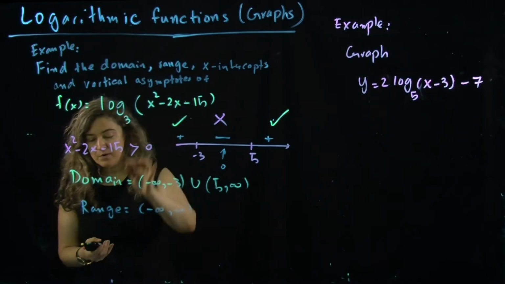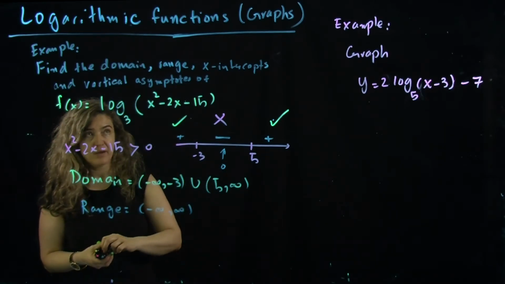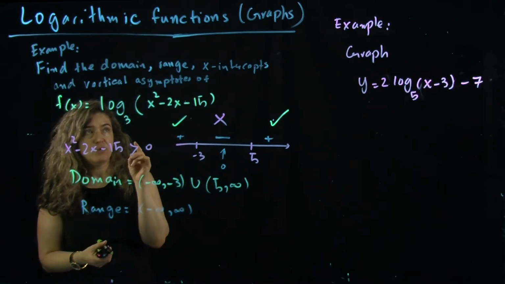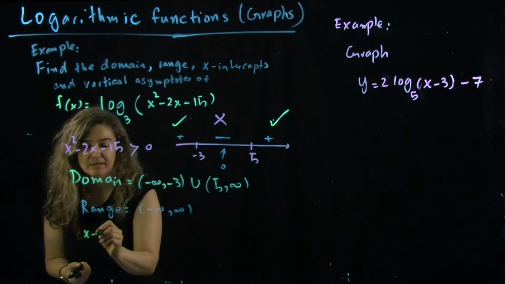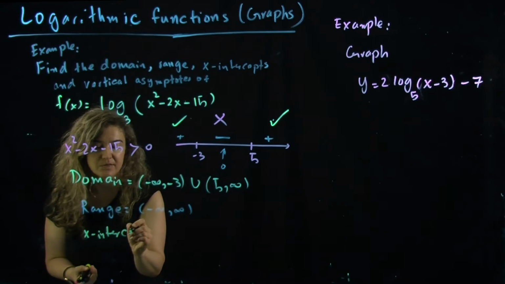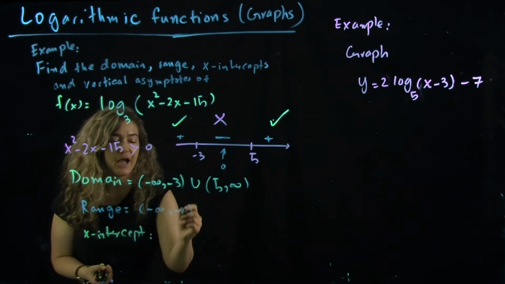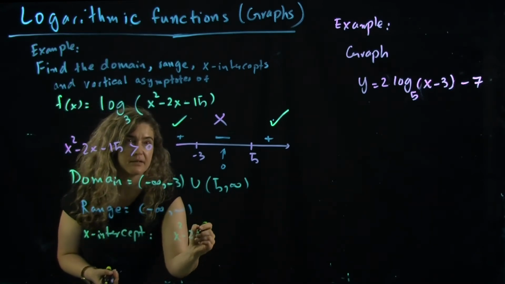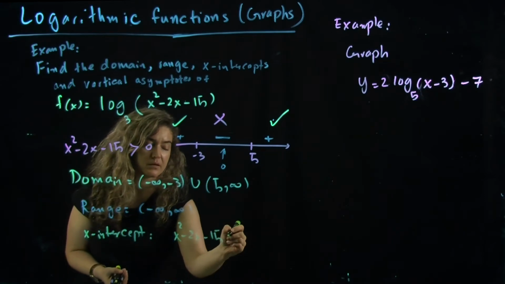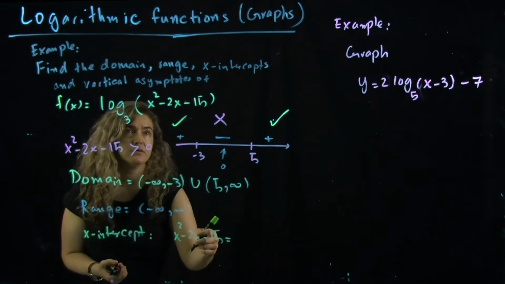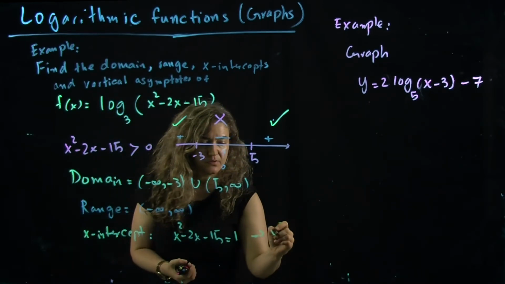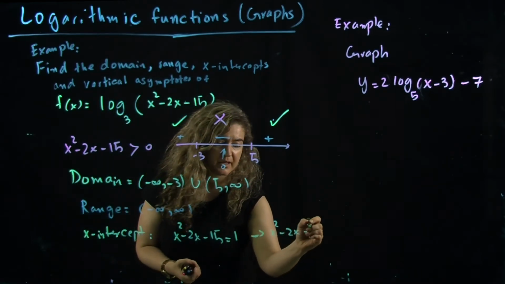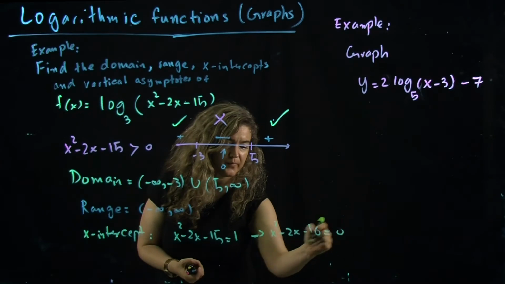So to solve for the x-intercept, I have to set the inside equal to 1. That solves into x squared minus 2x minus 16 equal to 0.